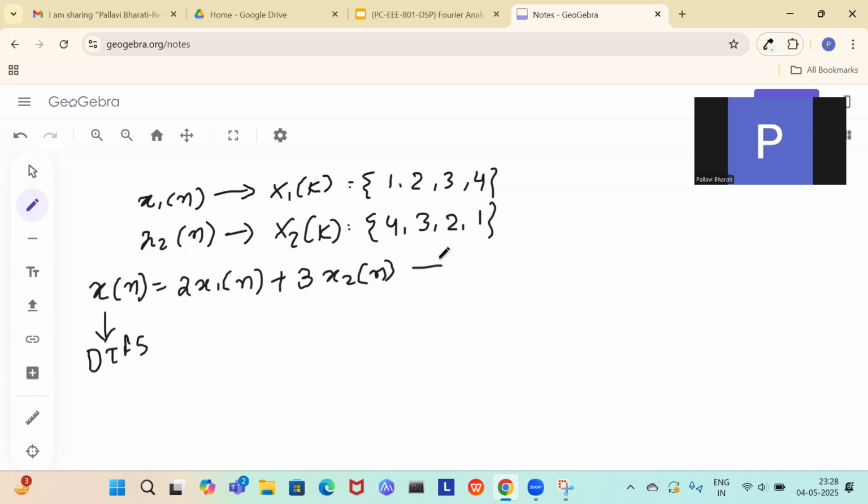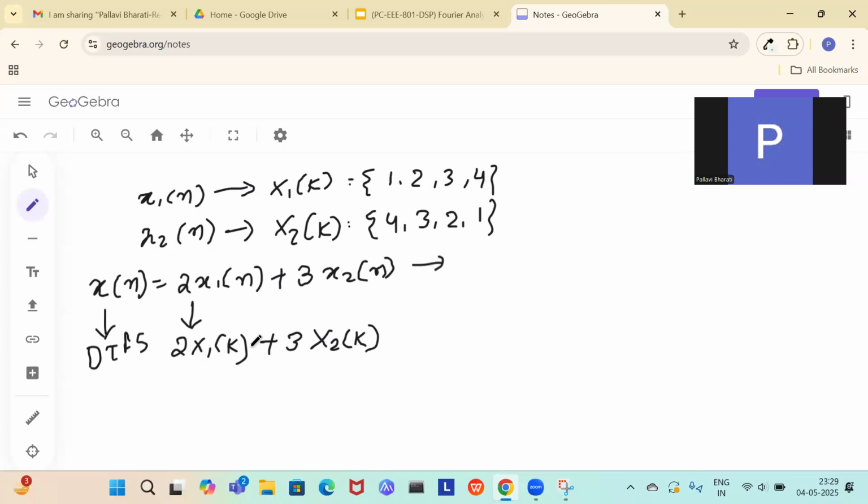So as we have seen the property a into ck, for x1 the discrete Fourier series coefficient is given by X1 of k. So this is 2 into X1 of k plus 3 into X2 of k. This is what we have to do over here.